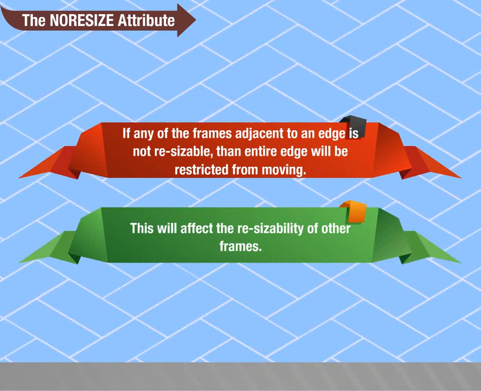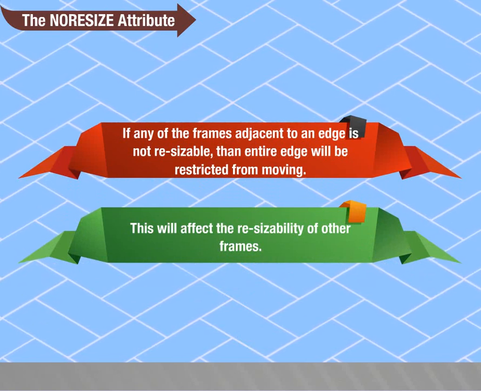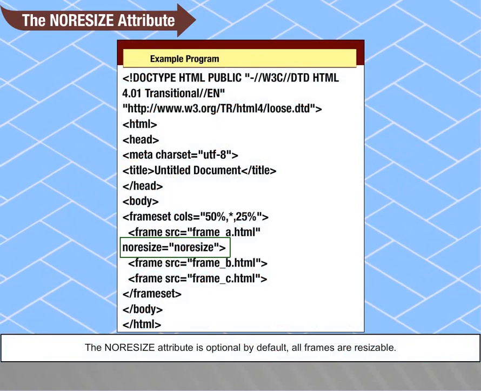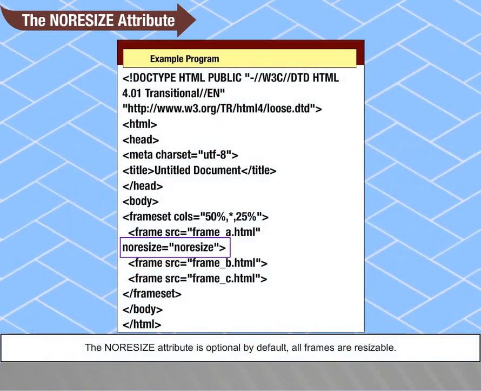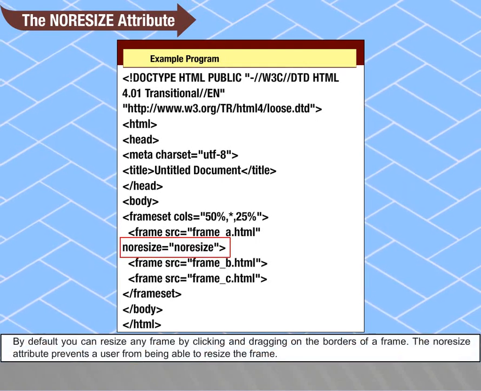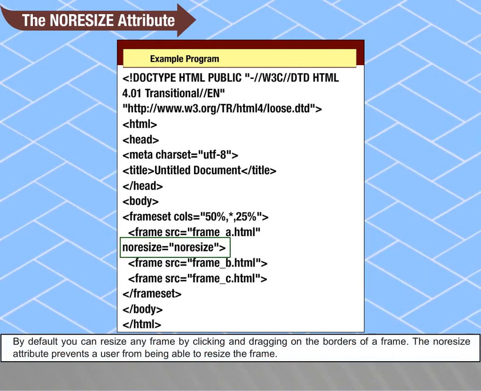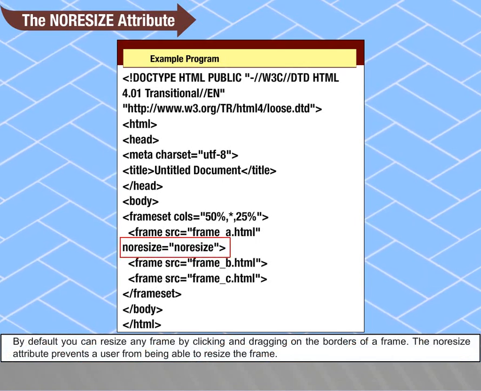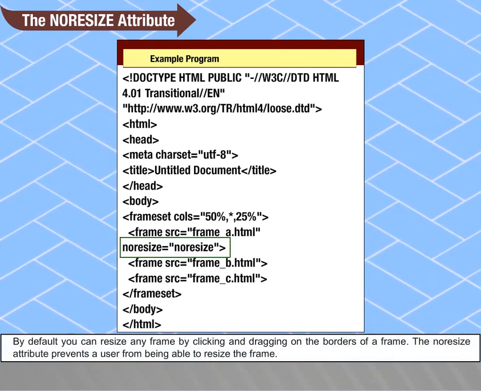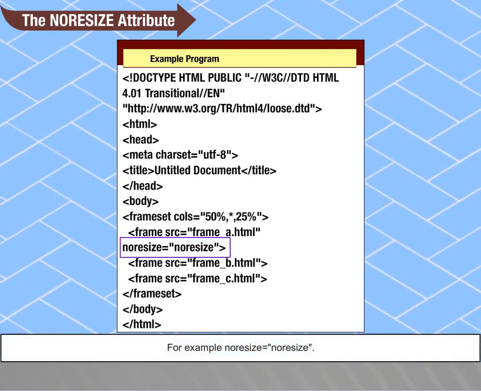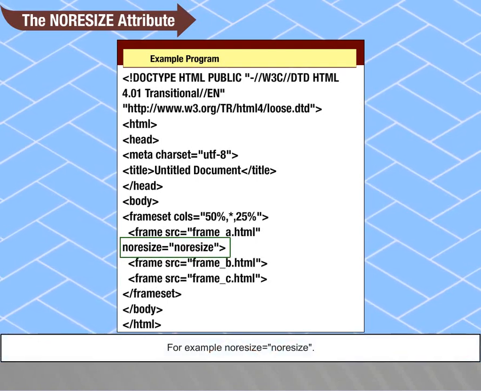This will affect the resizability of other frames. The noresize attribute is optional. By default, all frames are resizable. You can resize any frame by clicking and dragging on the borders of a frame. The noresize attribute prevents a user from being able to resize the frame. For example, noresize="noresize".